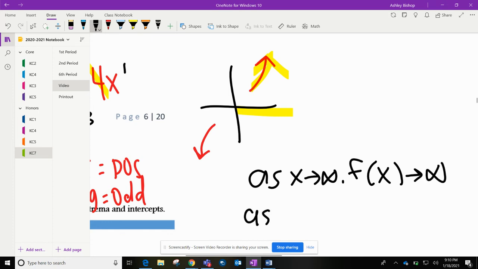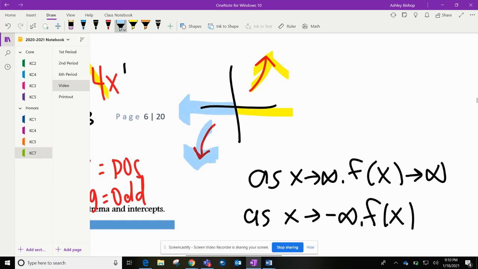And then as x approaches negative infinity, f of x, this is saying what's going on the left-hand side of my graph. Well, the left-hand side of my graph occurs down here, and it's going down towards negative infinity.